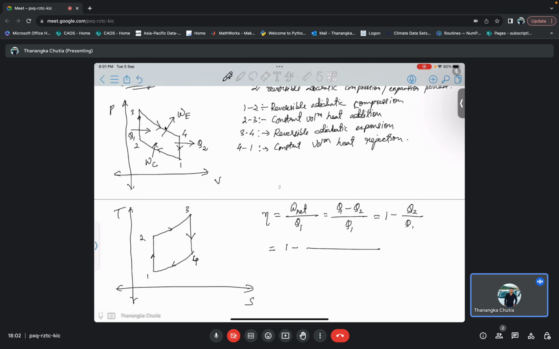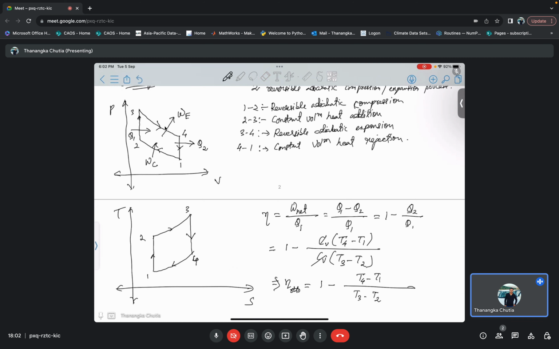Q2 is CV times T4 minus T1, and Q1 is CV times T3 minus T2. CV cancels, so eta Otto is equal to 1 minus (T4 minus T1) upon (T3 minus T2). So if we know the temperature at all the state points, then we can directly calculate efficiency from this formula for this particular cycle.